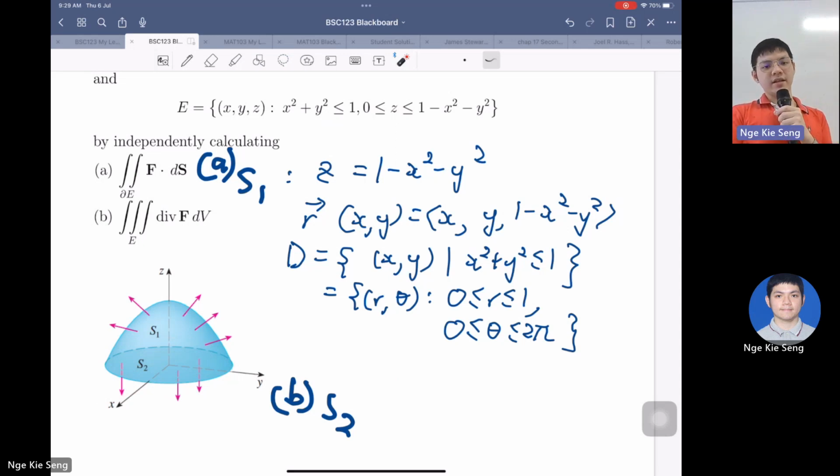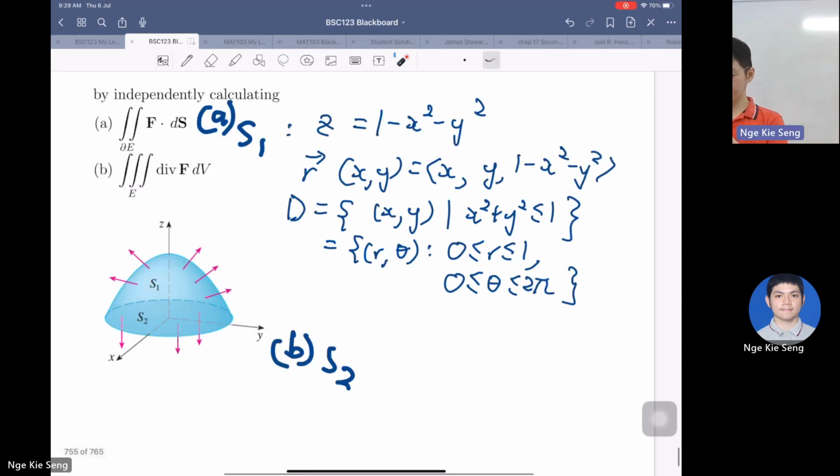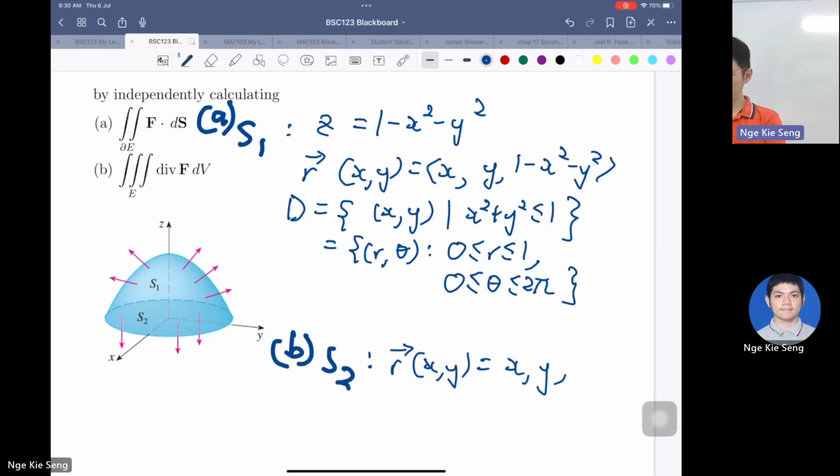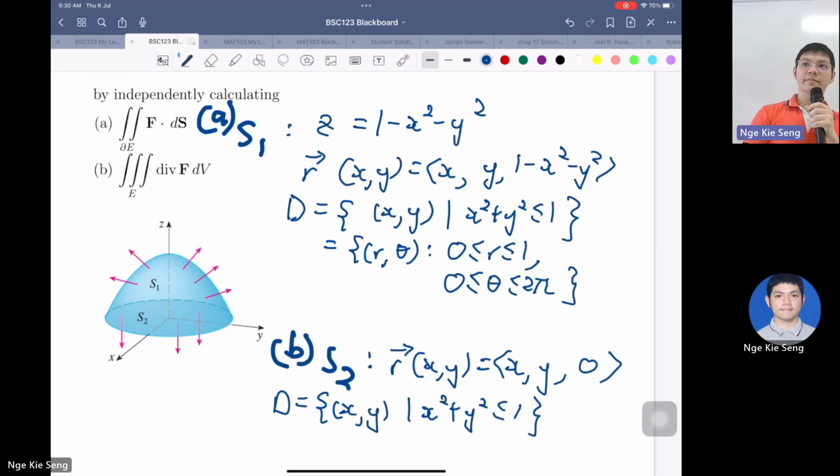Yeah, right. So this is the disk on the z equal to 0. So how to put this? You could write it similarly, x, y, but there's no height. Z equal to 0. So you get the same domain D, but there's no height.